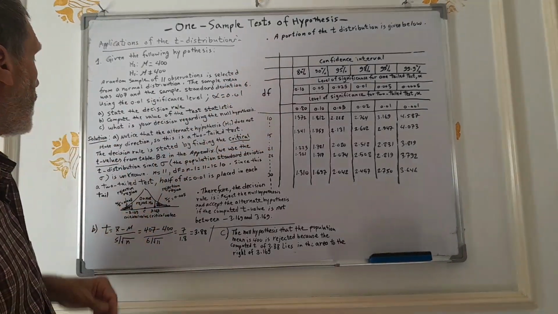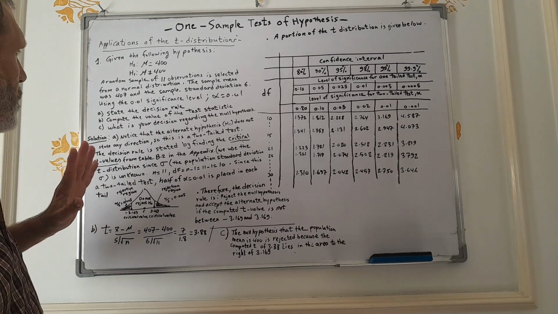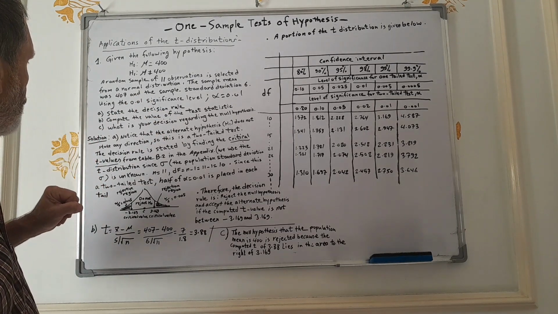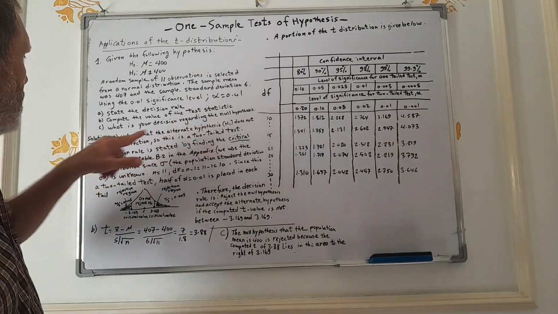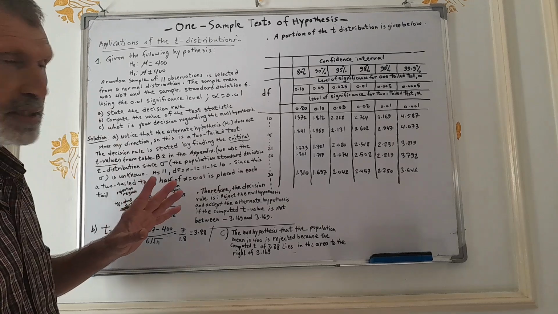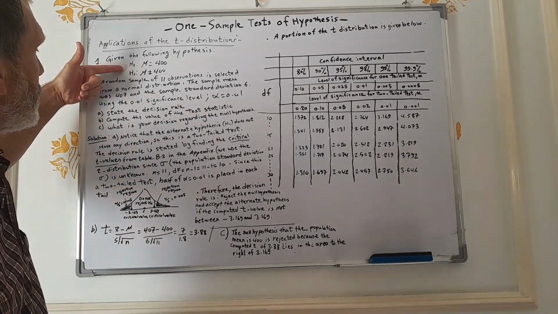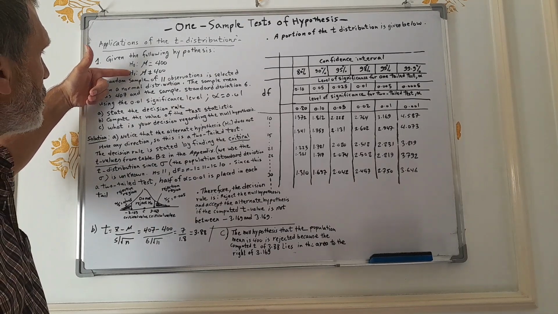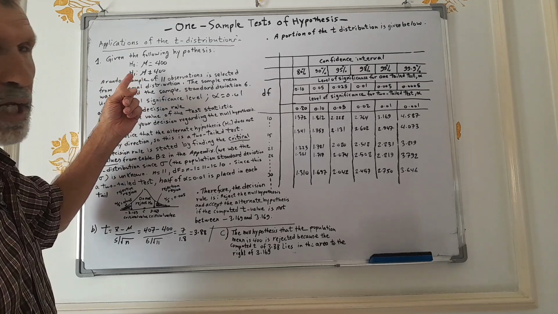Now, part A, state the decision rule. So what we do here, the decision rule, of course, notice that the alternate hypothesis does not state any direction. If you look at the null hypothesis as well as the alternate hypothesis, we see that we have a two-tailed test.